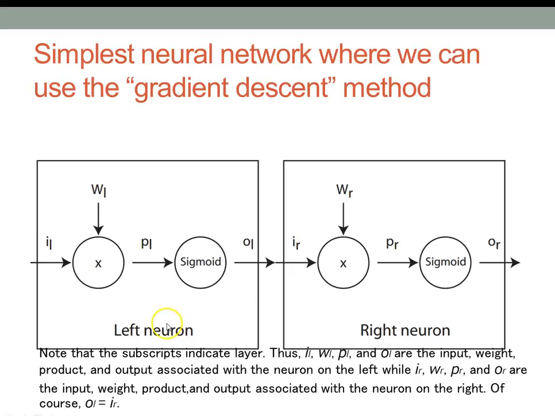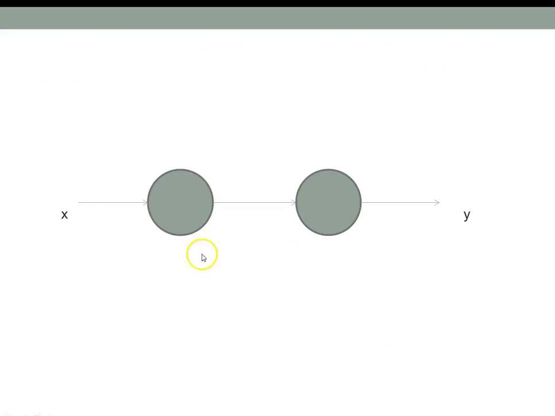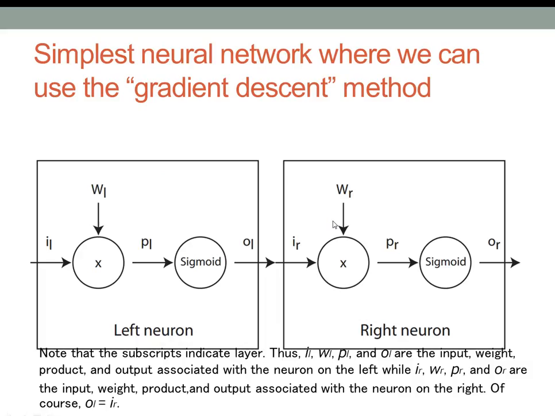Note that the subscripts indicate the layer. By the layer, it means this is the first layer and this is the second layer. This is the left layer and this is the right layer. Thus, IL, WL, PL, OL are the input, weight, product, and output associated with the neuron on the left.